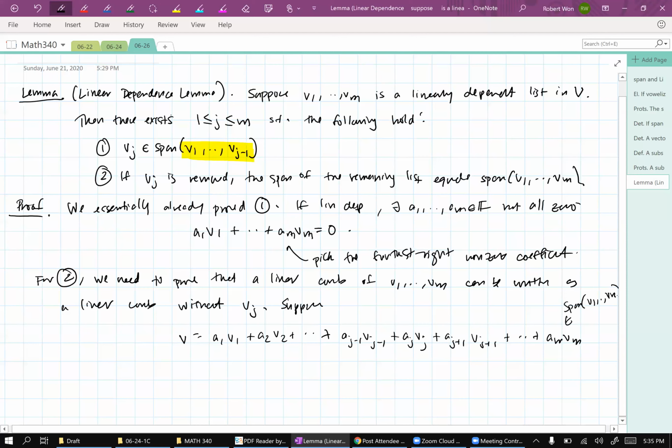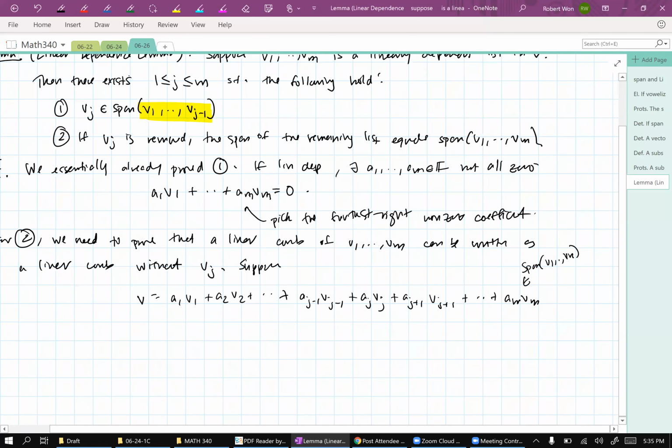I want to prove that you can write this linear combination without the vj. But by the first part, we know that vj is in the span of v1 up through vj minus 1. So you can write this vector as some linear combination of the first j minus 1 of them. That's by part 1.